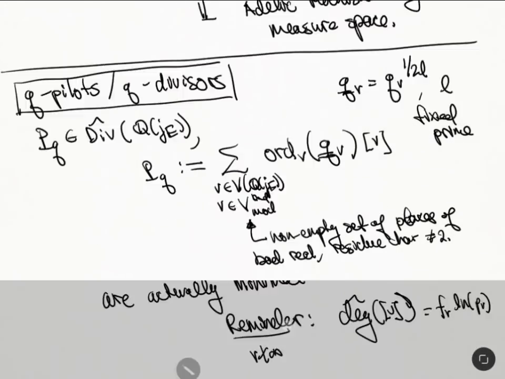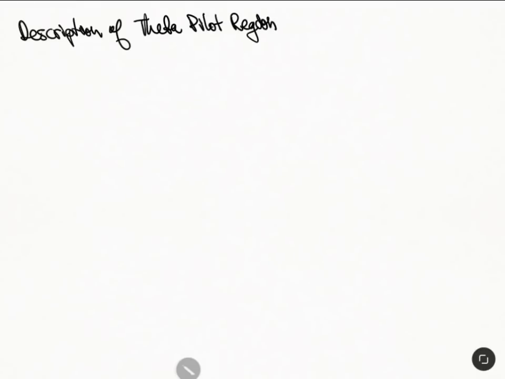The other side. Let's describe the theta pilot object, or the theta pilot region. So the description of the theta pilot region, and this is going to be the multi-radial version.